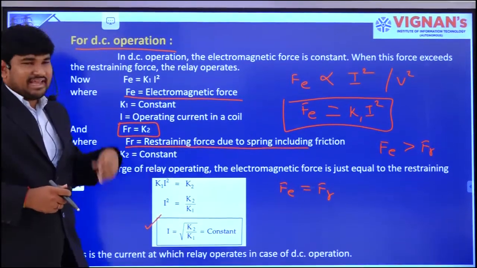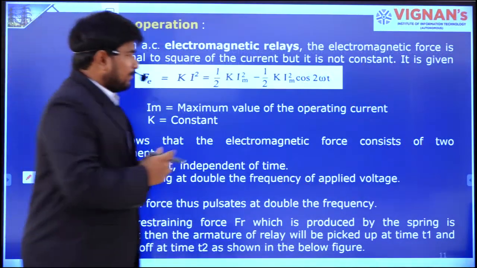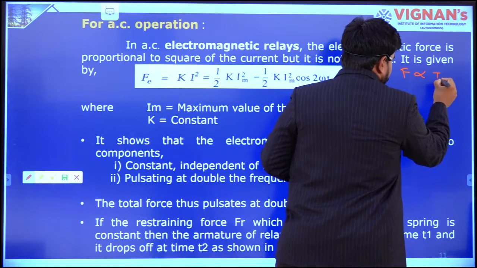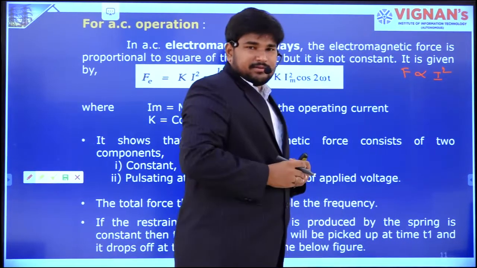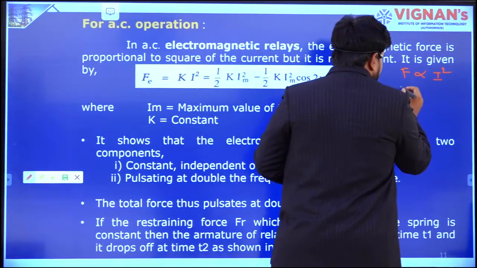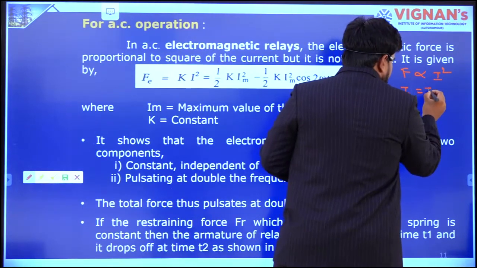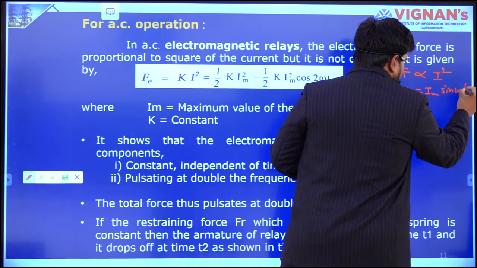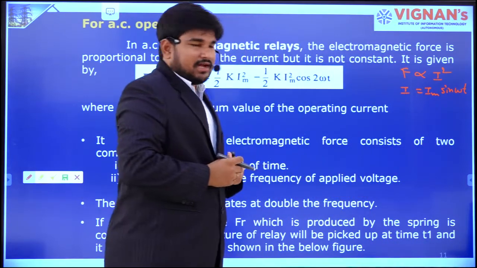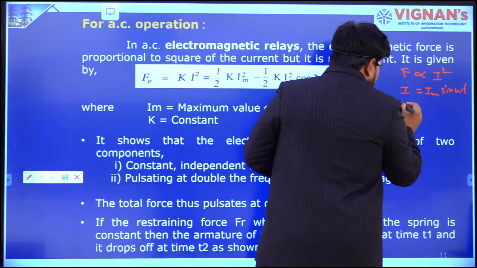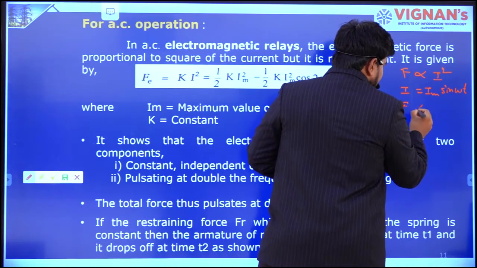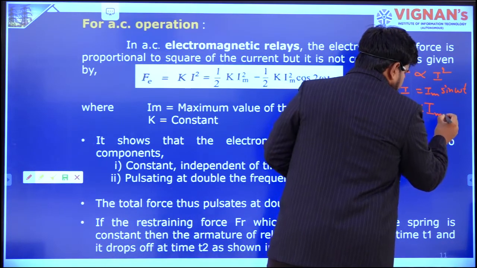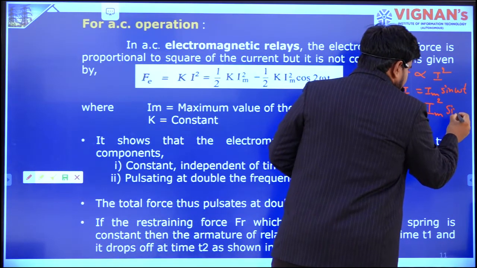Let us check AC operation. Force is always directly proportional to the square of the current. But in case of AC, the current is Im sin omega t. So F is directly proportional to Im square sin square omega t.